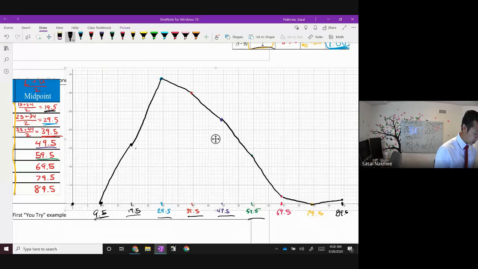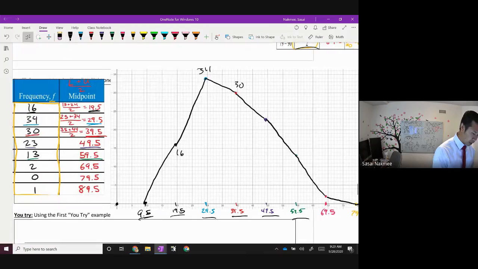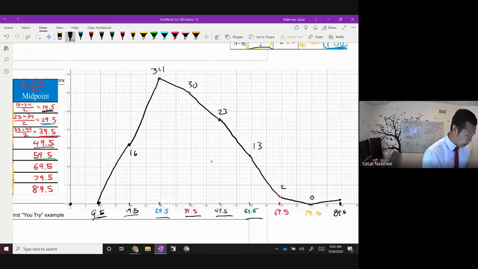This one was 16, and this one was 34. This one was 30. This one was 23. This next one was 13, 2, 0, and 1.